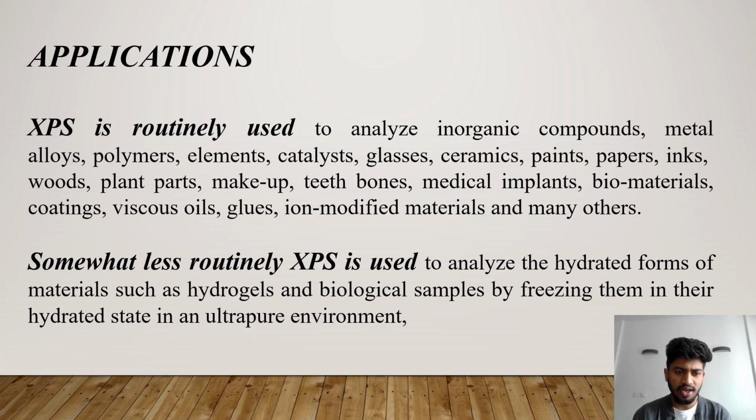Somewhat less routinely, XPS is used to analyze the hydrated form of materials such as hydrogels and biological samples by freezing them in their hydrated state in an ultra pure environment.